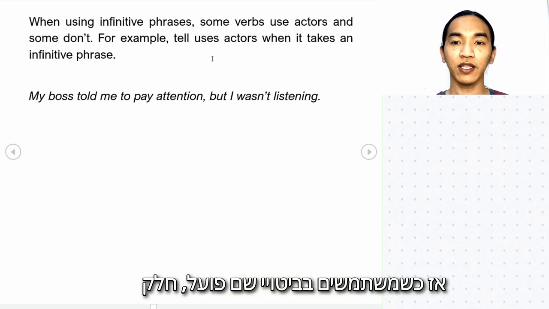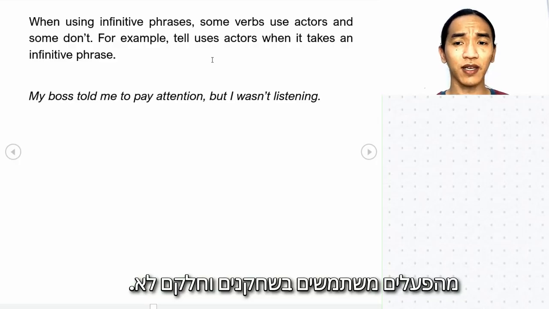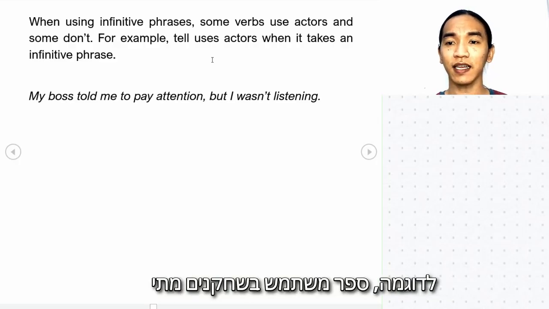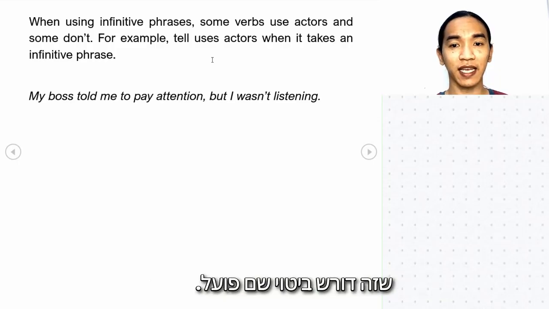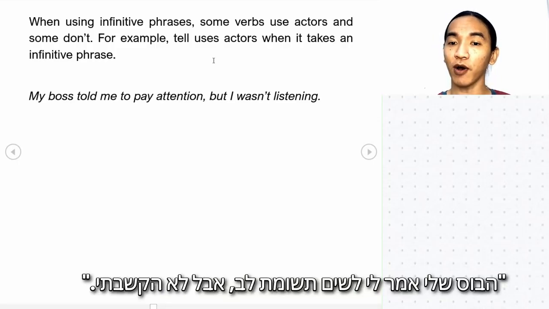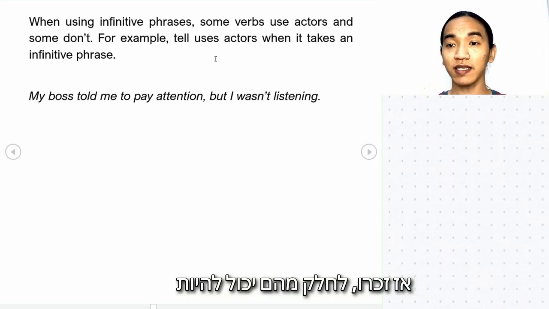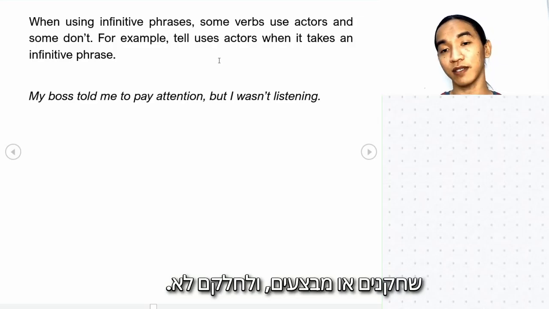When using infinitive phrases, some verbs use actors and some don't. For example, tell uses actors when it takes an infinitive phrase. My boss told me to pay attention, but I wasn't listening. Remember, some of them can have actors or the doer, and some don't.